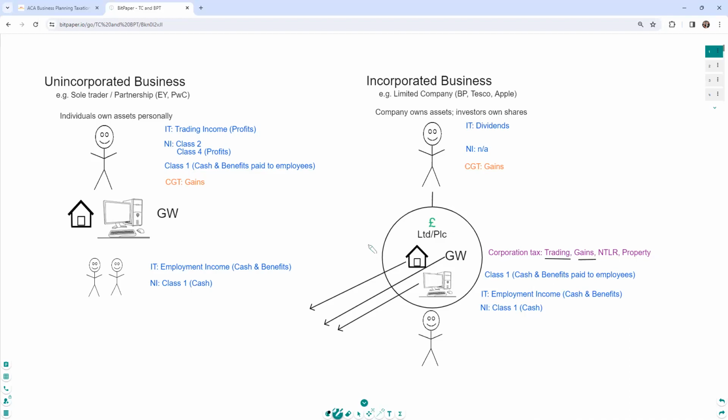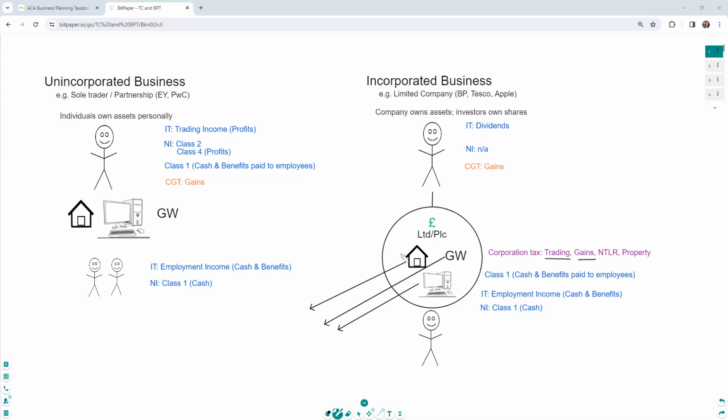So it's really important that you understand conceptually what's going on in questions and in common scenarios, the difference between an unincorporated business where the individual owns the assets personally and an incorporated business where the company owns the assets. All the individual owns is the shares in the company.